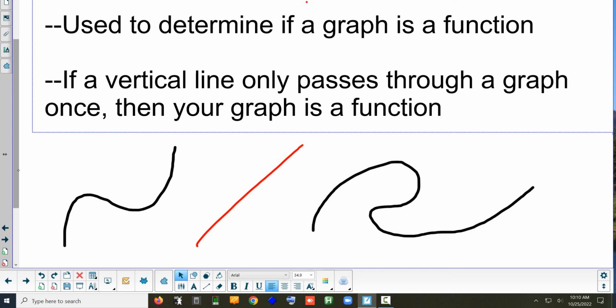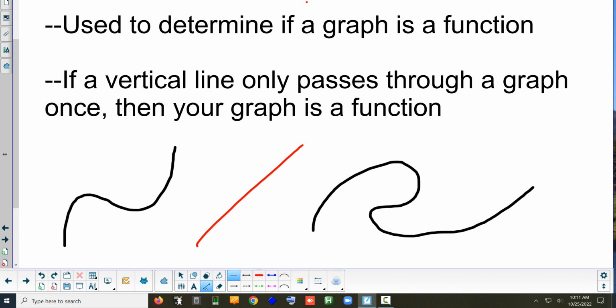You use it when you have a picture. And the idea is when you drag the vertical line through your picture, it can only touch the graph in one spot at a time. If it touches it in two spots or more at a time, then it is not a function.